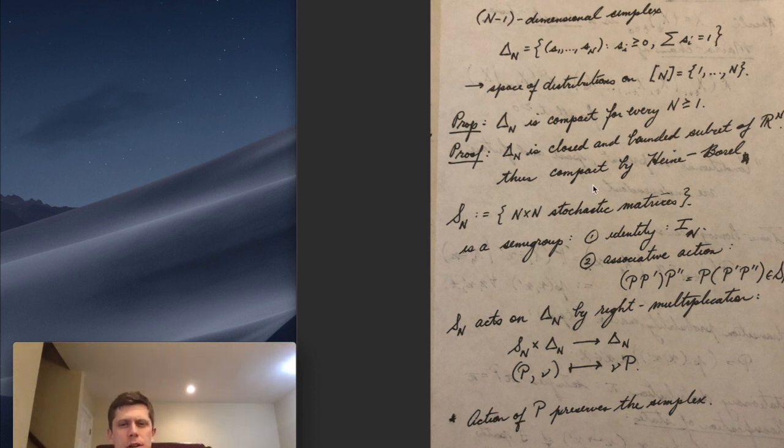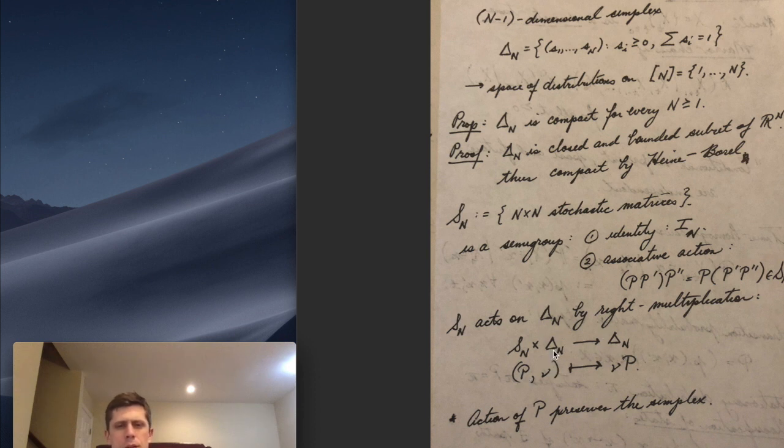And that's formally what's called a semigroup property of the space of stochastic matrices, which just means that it contains an identity. The identity is a stochastic matrix, all the rows add up to 1, and it's an associative operation. So in this case, this semigroup, the stochastic matrices, acts on the simplex by right multiplication.